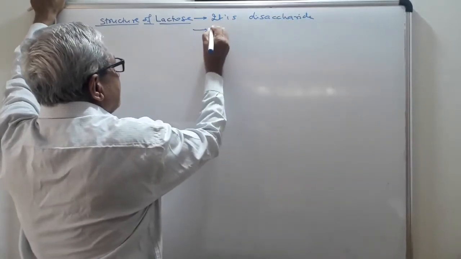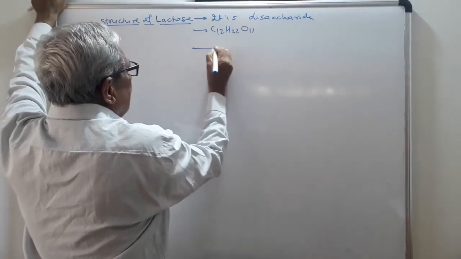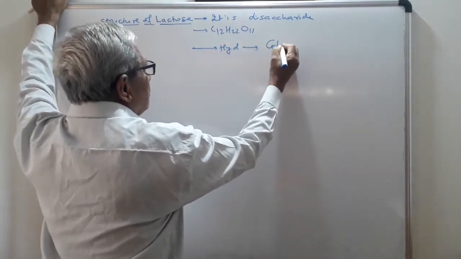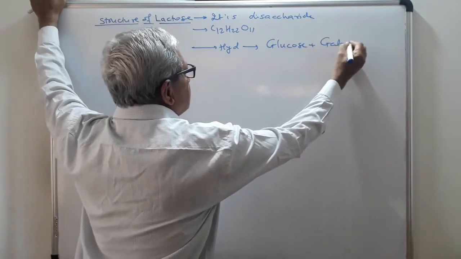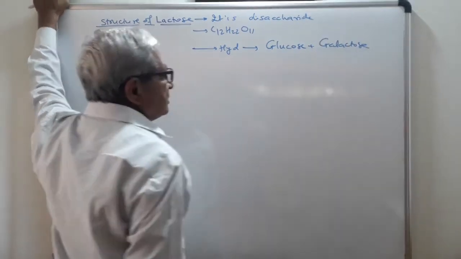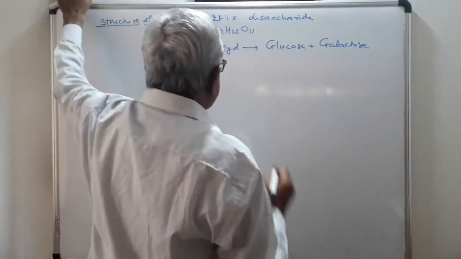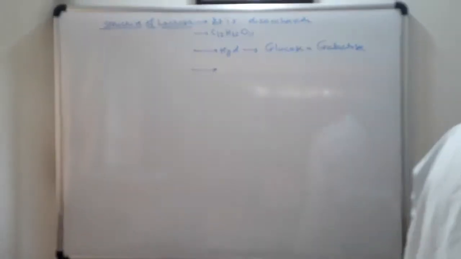It has molecular formula C12H22O11. On hydrolysis, it gives one molecule of glucose and one molecule of galactose. Both have the same molecular formula C6H12O6. These are position isomers. Now see, in this case, the linkage will be present in this way.